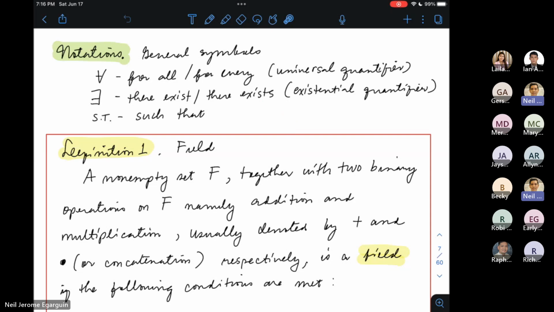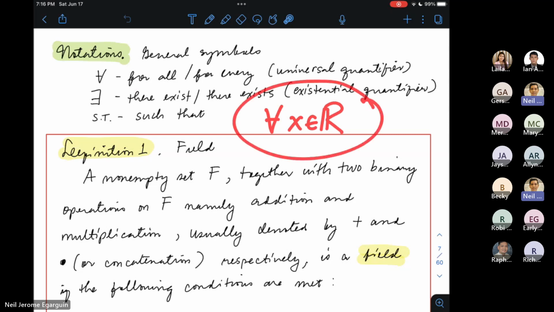If I want to write for all real numbers, what I'll write instead is for all x in R. Right? Medyo mahaba kasi pag sinulat ko yung for all real numbers. But if I write for all x in the set of real numbers, I'll write it symbolically using this bunch of characters.